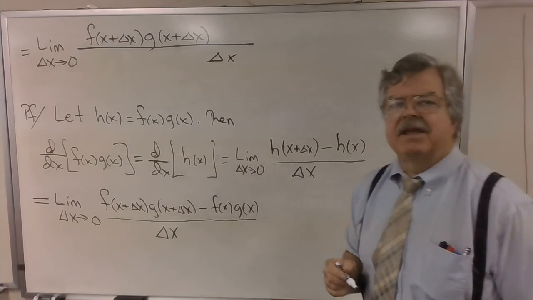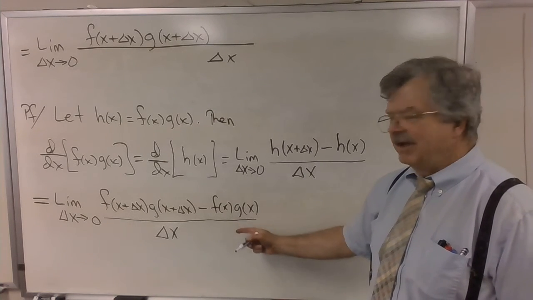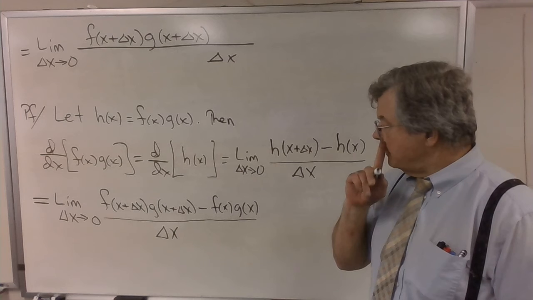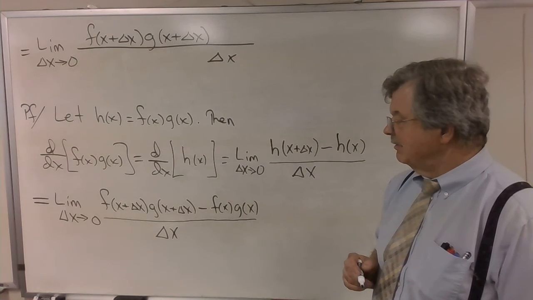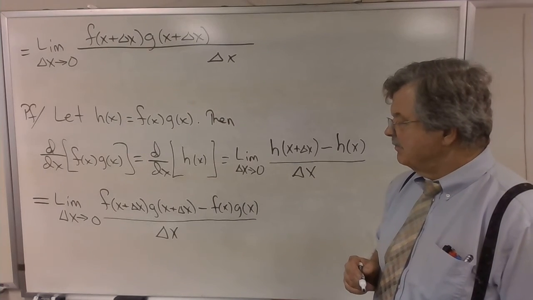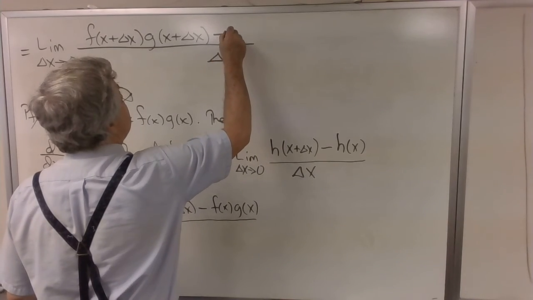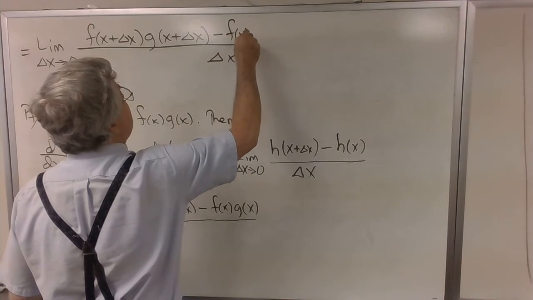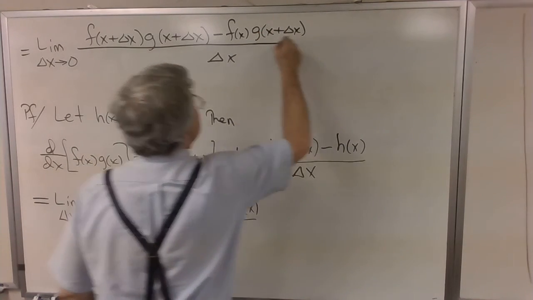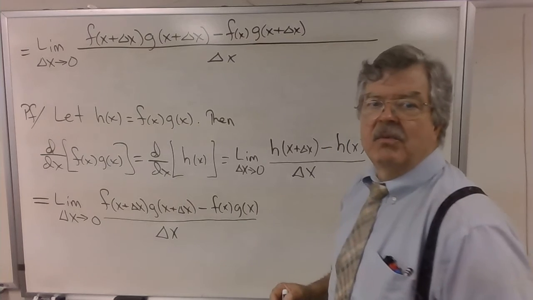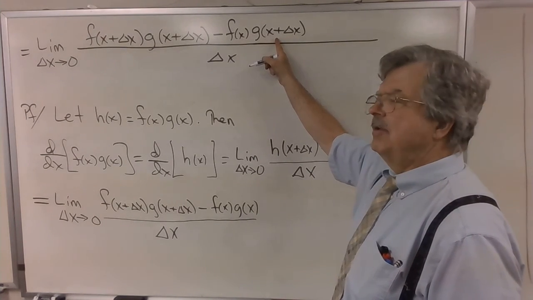Now, I might say here that there's a standard trick for doing this to make the proof easy. And here's that standard trick. I'm going to subtract a term. Well, I can't just do that. I can't just subtract something for no reason at all.